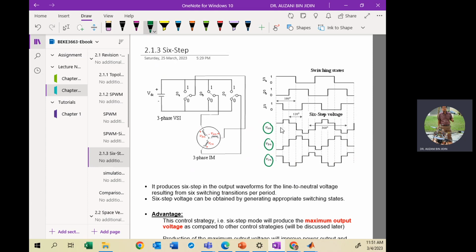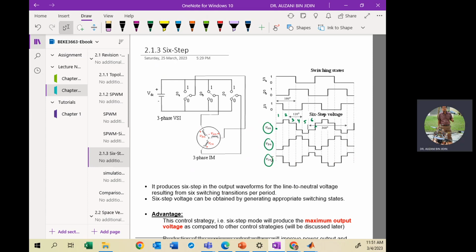Starting from here, going to here, you can have 6 steps: 1, 2, 3, 4, 5, 6. In one complete cycle, you have 6 intervals, 6 changes of the wave shape in a staircase waveform. Same goes for the other phases, VBN and VCN.